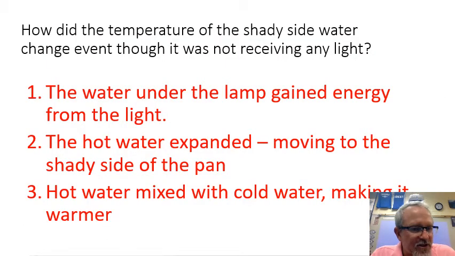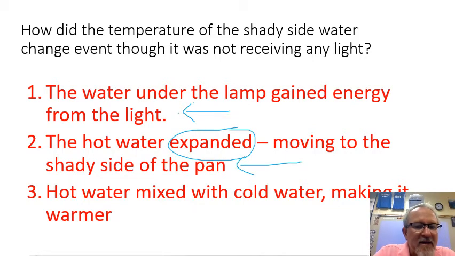So first of all, let's describe here. These are the three things that describe three steps. How did the temperature of the shady side change even though it was not receiving any light? First of all, the water under the lamp gained energy from the light. First step. That water expanded. It got bigger. It moved more. It moved away from that side. So the second step is the hot water expanded and it moved to the shady side or the dark side of the pan.